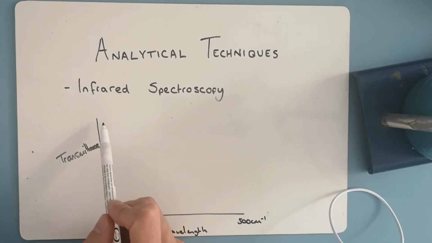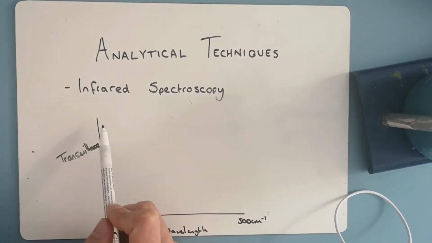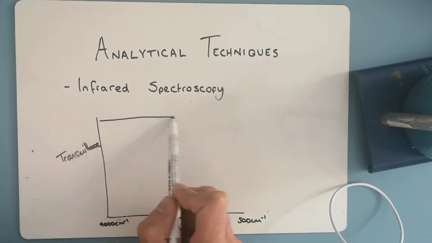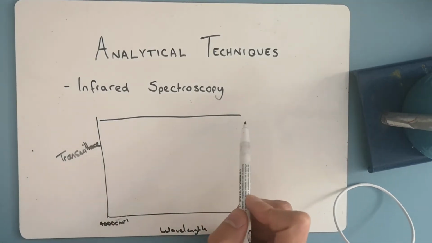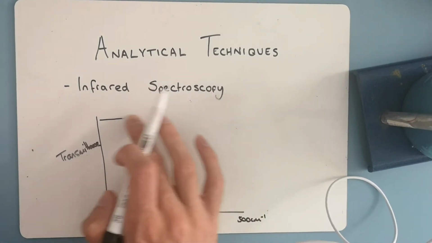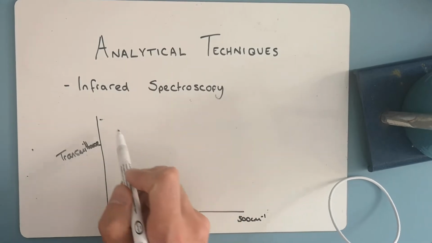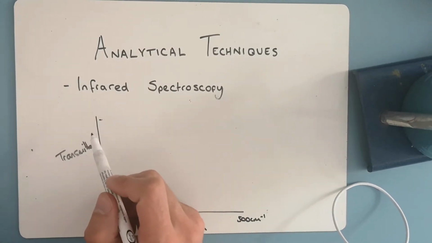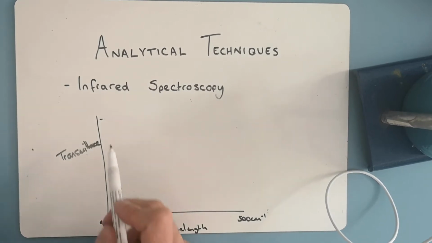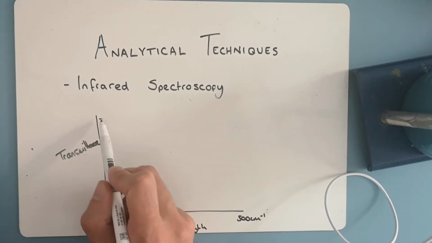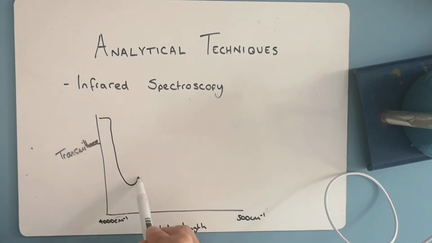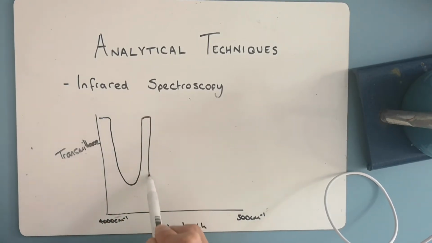If we were to shine infrared light and there was no molecule there at all, we just get a straight line as all the light goes through. Now if we put a molecule there, the bonds start to absorb. Different bonds will absorb a different wavelength of infrared light, always at the same point, so then we can start to identify them.